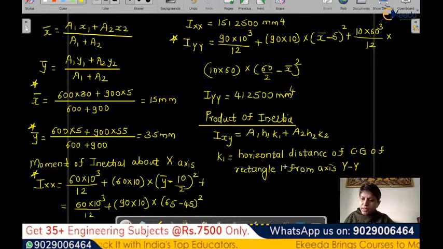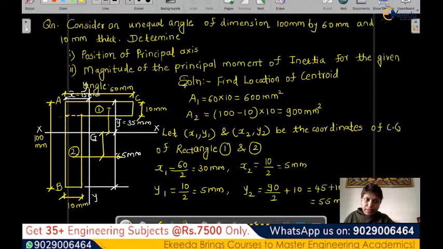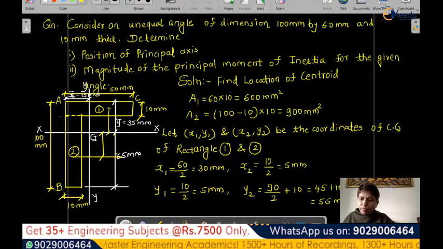How will we get that distance? This is a total of 60 millimeter from YY. Now we need the horizontal distance of the CG of the rectangle. So what is the CG of the rectangle? The CG of the rectangle will be at 30 millimeter because this is 60.